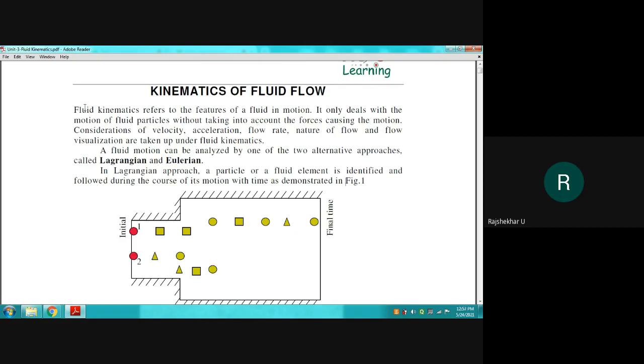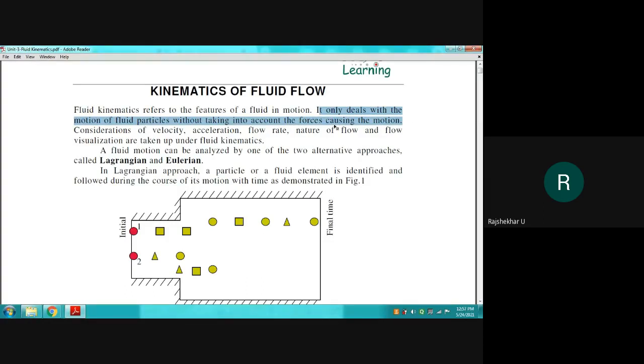Yes, so you can see here, fluid kinematics refers to the features of fluid in motion. Fluid features means any of its properties. It only deals with the motion of fluid particles without taking into account forces causing the motion.